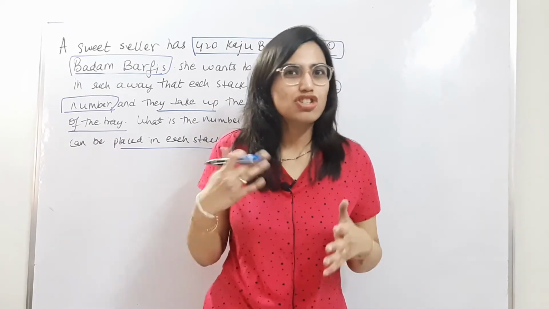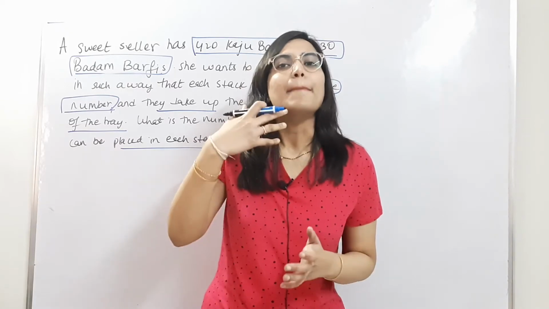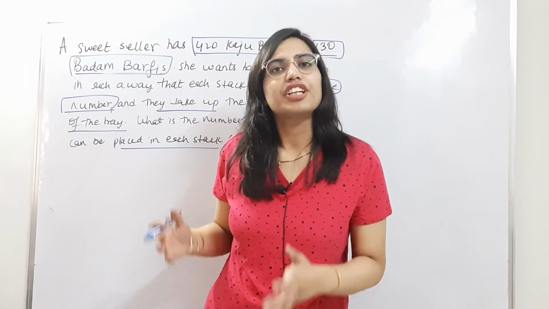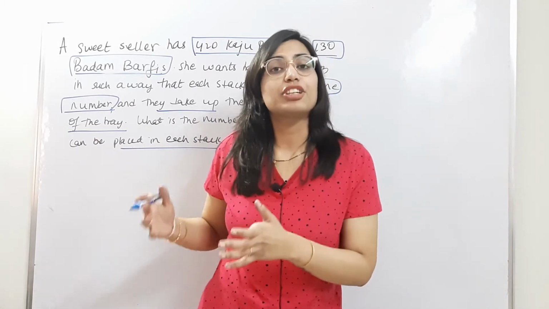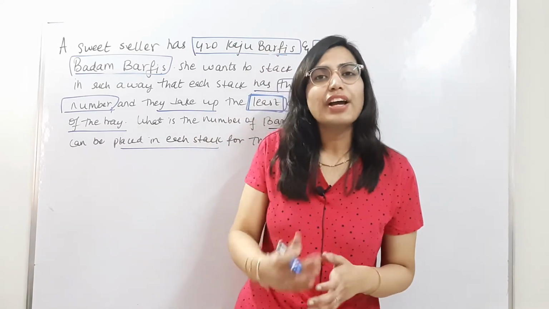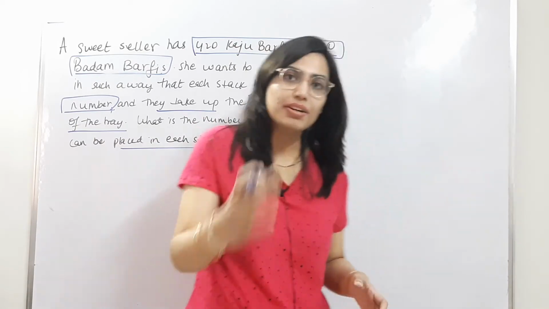That means, in short, can we say that we need to put the maximum number of Barfis in that stack in order for it to occupy less space, right? So how do you find the maximum number of Barfis?